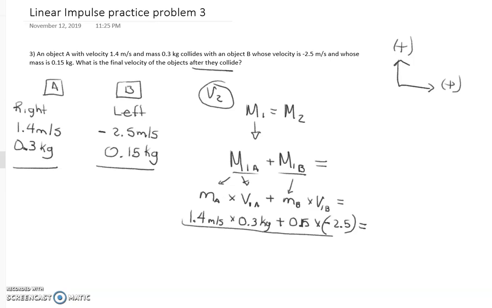And all of this is going to be equal to M1.